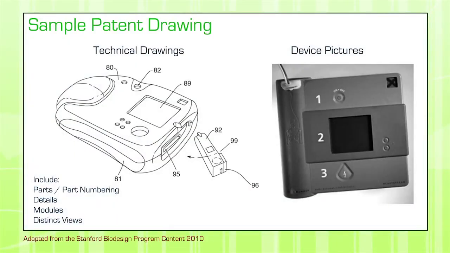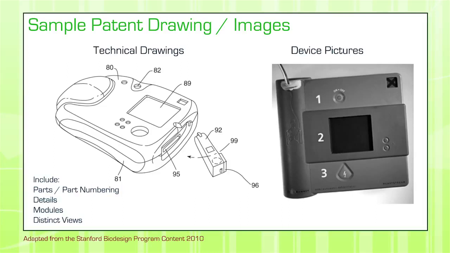How do you draw something that is descriptive of that invention? Well, there are technical drawings and there are device pictures, and those are equally valid. A good patent, I must mention, must include both, or at least technical drawings.